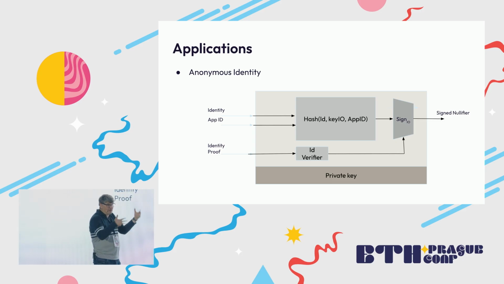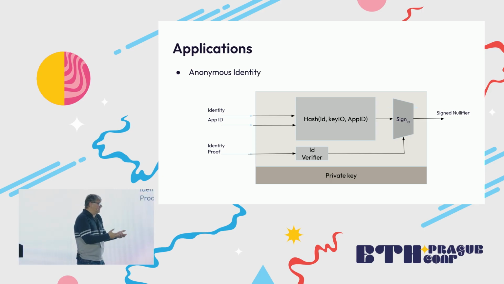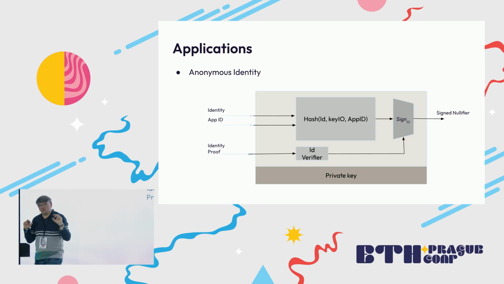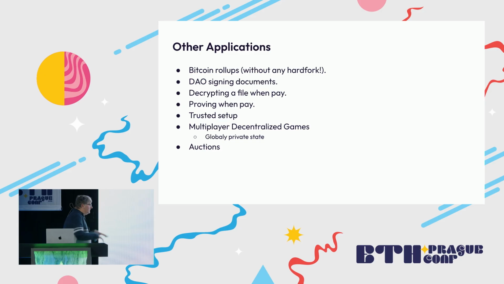A hash is derived from that, and this gives you a nullifier. In general you want to sign this nullifier, because you want to verify that it belongs to this identity. But this gives you a specific number that's attached to one ID and one application ID. So with just normal IDs, you can use this to generate these unique numbers from identities.